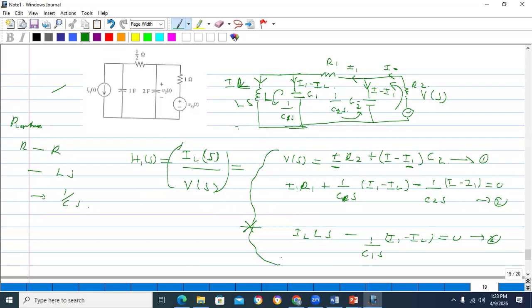Do you have any problem applying the Kirchhoff law? I think this one is around 15 marks, 10 to 15 marks. You can get the total 50 marks.